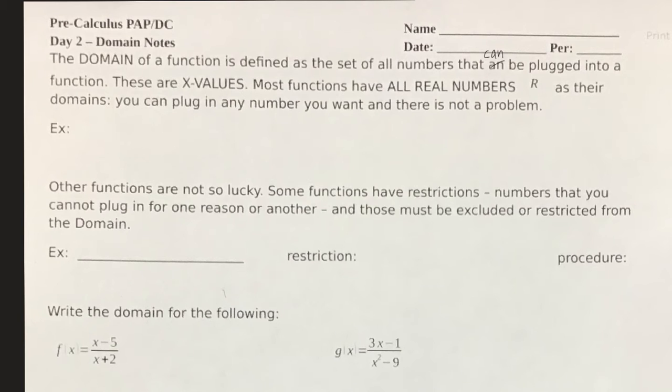But for the most part, functions have all real numbers. Like all linear functions have no domain restrictions, right? You can plug any x you want into a linear function and you're always going to get out a y. Okay, same thing for all polynomials.